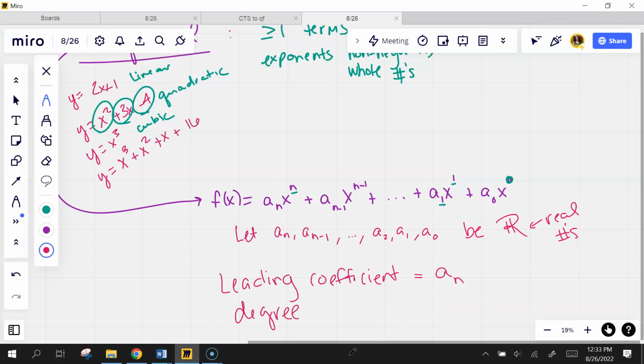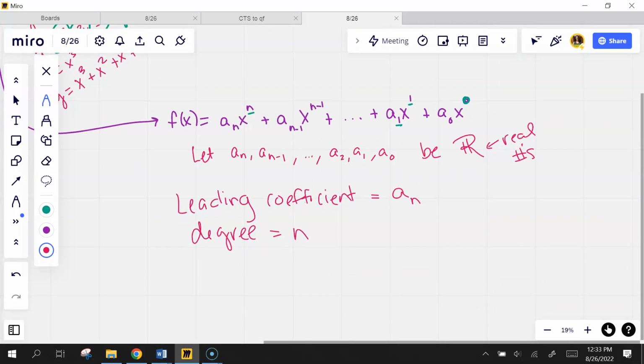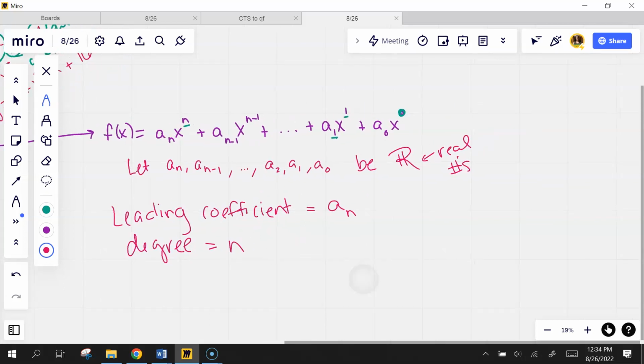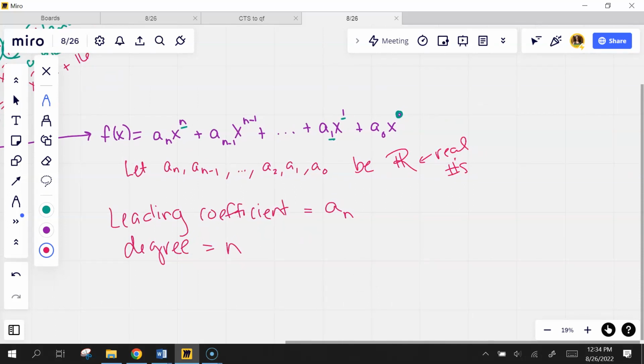N. Okay. It's just a fancy way of writing the definition of a polynomial using some math terminology instead of the words that we wrote before. So let's look at a couple. You tell me polynomial or no. Y'all got that? Okay.